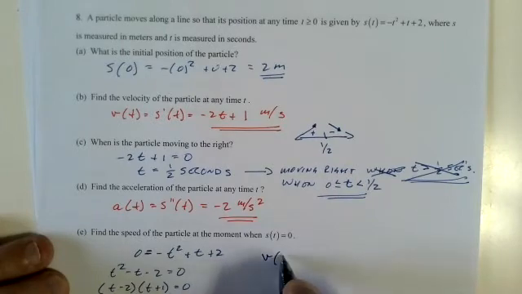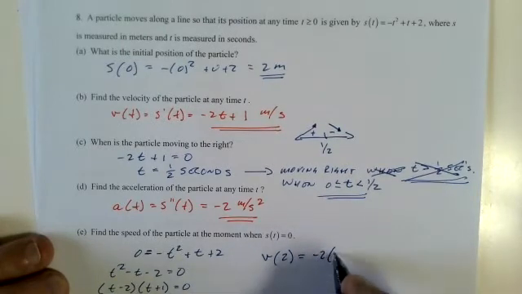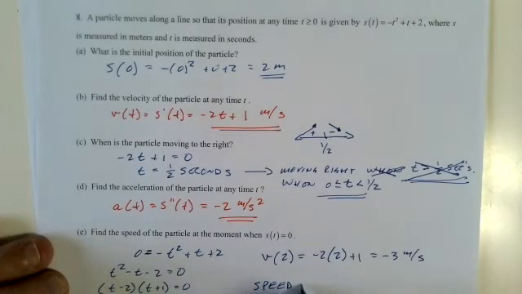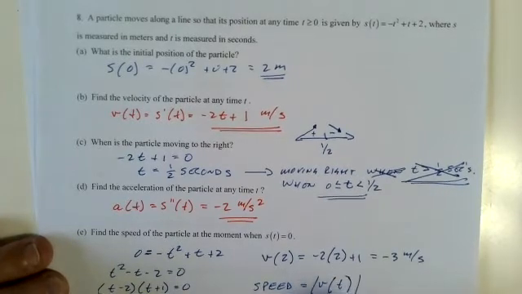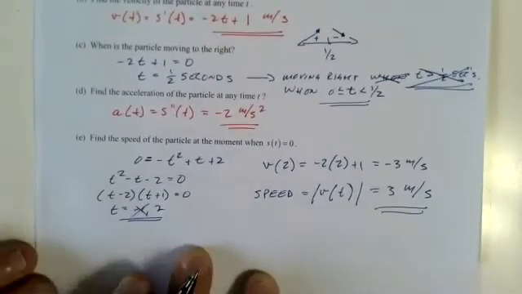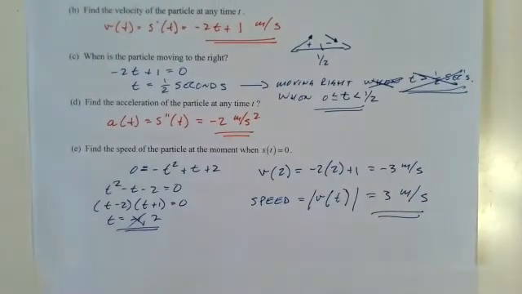V of 2 equals negative 2 times 2 plus 1 equals negative 3 meters per second, and speed is the absolute value: 3 meters per second. Sorry, just ran off the page a little bit.